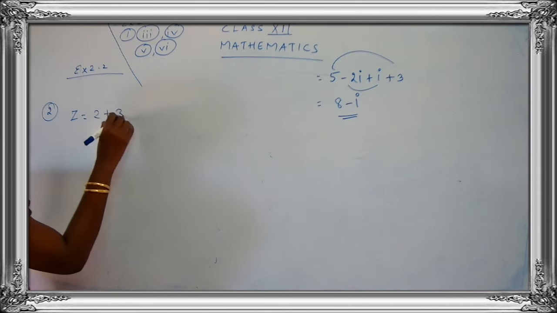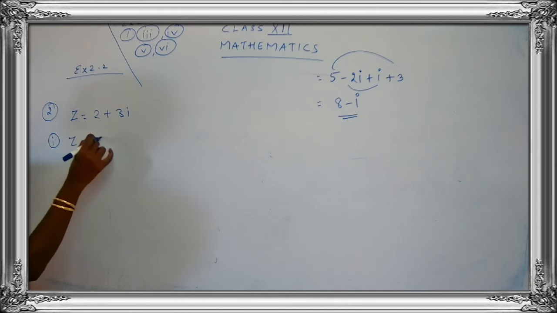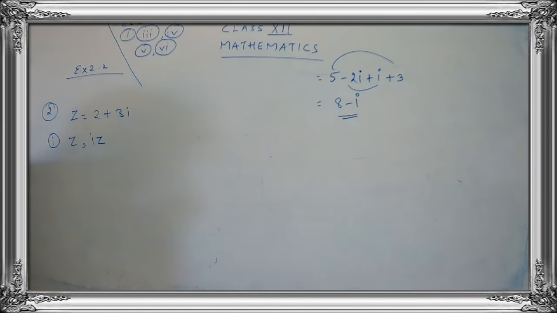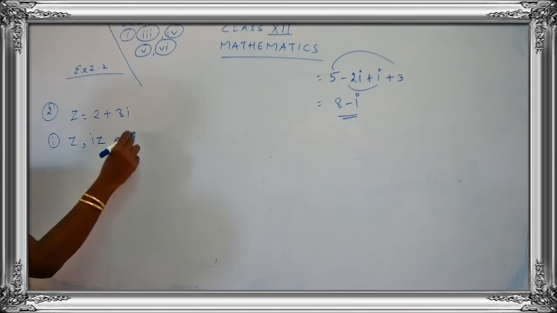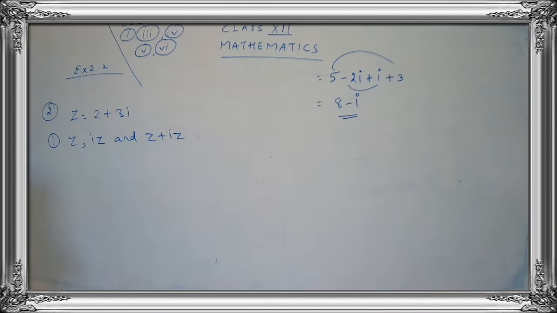For the first subpart, you are going to represent the complex numbers in the Argand diagram, and they have given you some values to be found. For the first part, it is z, iz, and z plus iz. So you are going to represent all these 3 together in an Argand diagram.